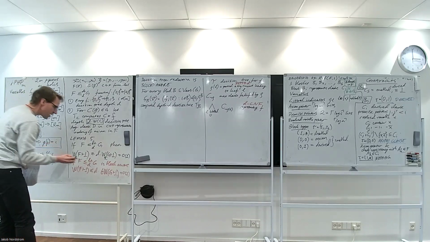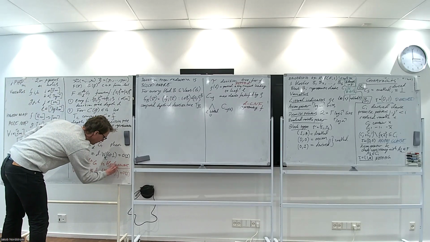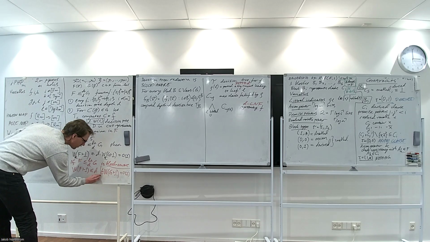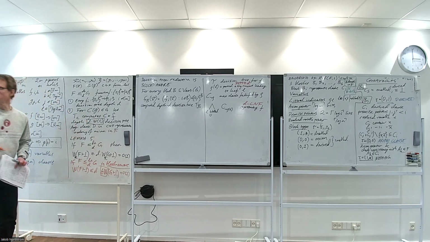So again, if the reduction is block aware, then I get the block width measure.